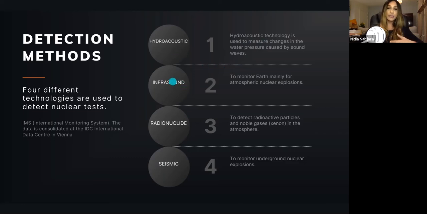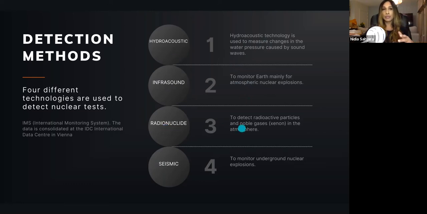And then the infrasound, which is what we spend most of the time on in today's presentation, not because it's the best method or anything, that's just what I'm focusing on temporarily in my research right now. It's mainly atmospheric nuclear explosions, but I'll explain this a bit more just now. And then there's the radionuclide.